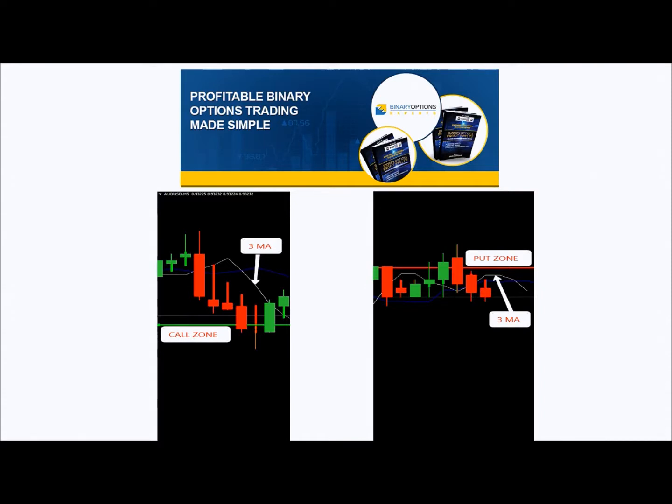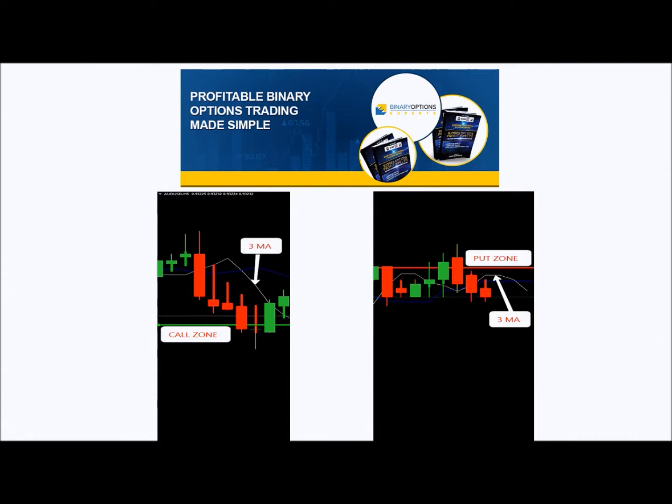The 3 moving average is right here with the arrows, and you can see there is a green bar that is crossing the 3 moving average when the price is close to the call zone. As I said previously, it's just a zone, so it needs to be close to it. It doesn't need to break it, but it needs to be close. That's the first thing that needs to happen before we look at the potential call setup.